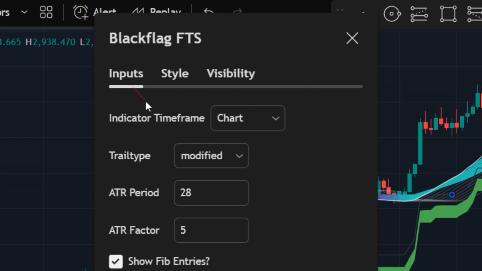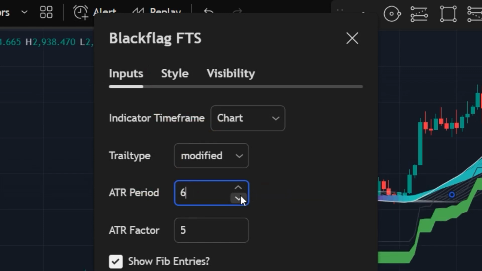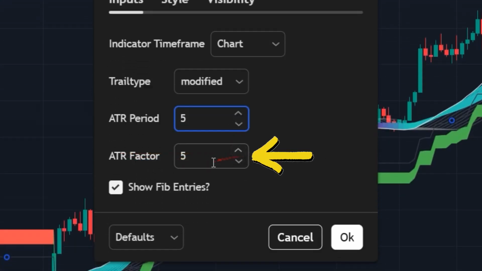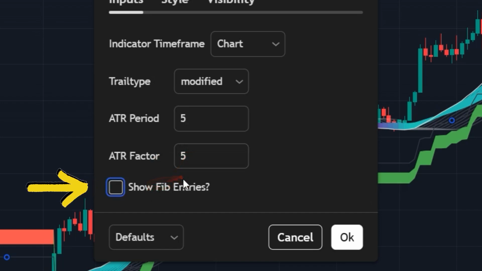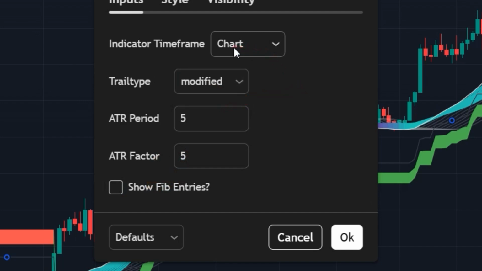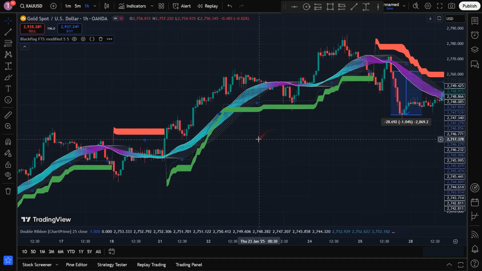Go to Input tab and set the ATR period to 5. Set the ATR factor to 5 as well. Disable the FB entries option. Now that you have set it up correctly, it's time to check the signals.